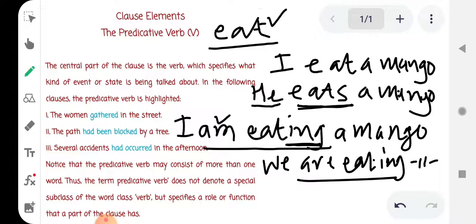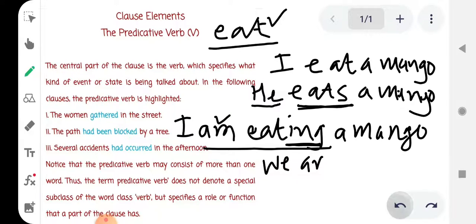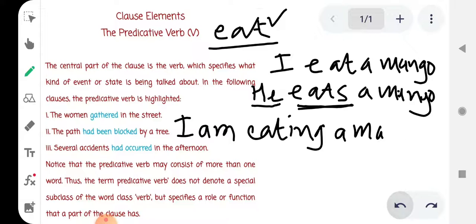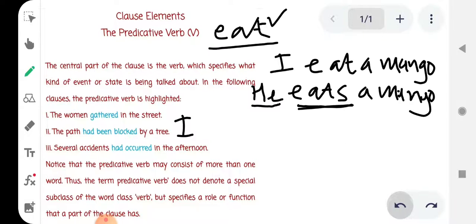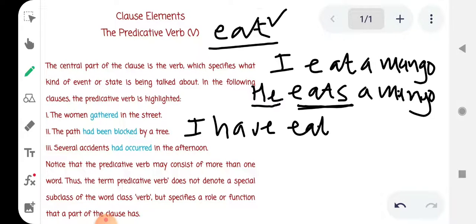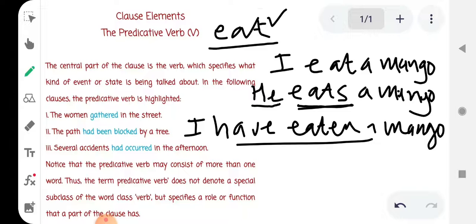We can say I was eating a mango. They were eating a mango. In the perfective aspect, in the perfect tense, we can write a sentence like this: I have eaten a mango. So there is a change in that.